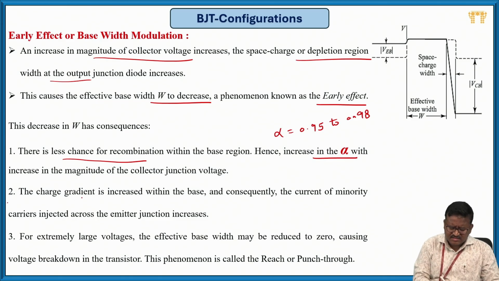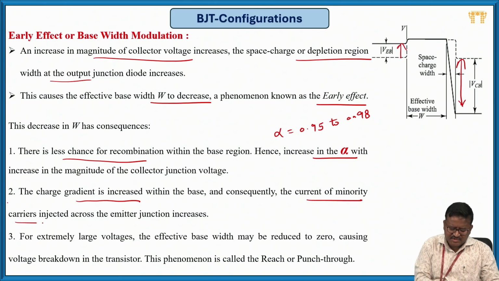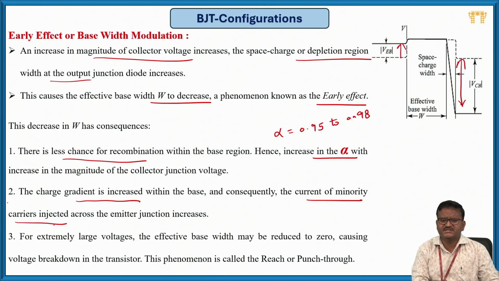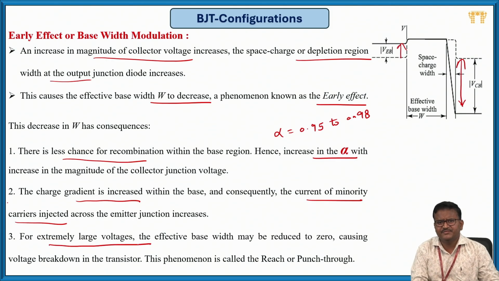The second point is the charge gradient is increased within the base. The charge gradient is increased, so the current of majority charge carriers injected across the emitter junction increases. And the third point: for extremely large voltages, which means as you keep on increasing the reverse bias potential at collector base, the depletion layer width keeps on increasing, so the effective base width decreases, and at one point of time the base disappears.